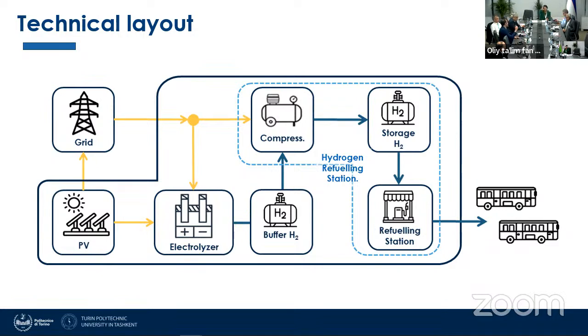And then we have the refueling station part where hydrogen is needed at high pressure. As you know, for vehicle application, hydrogen is needed at about 700 bars to give a sufficient energy density within the car. For buses, the industrial standard nowadays is about 350 bars as pressure within the tank.